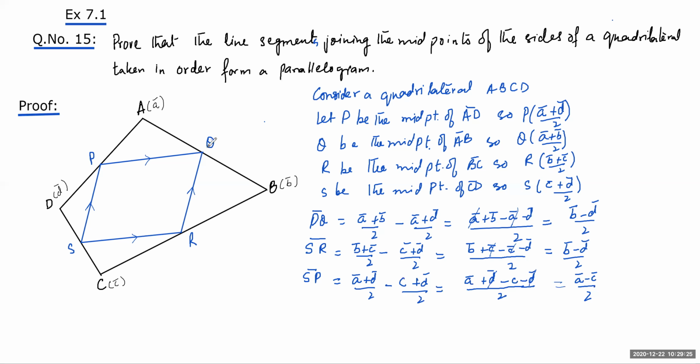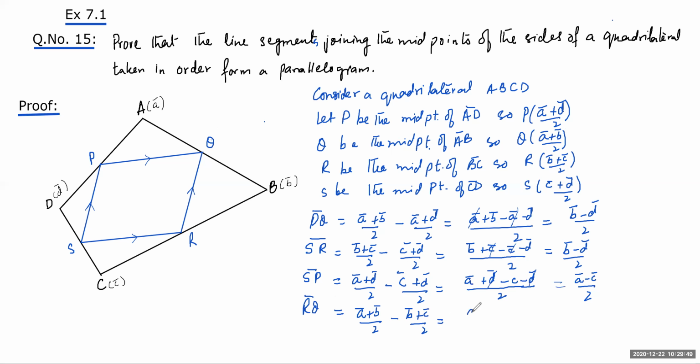Let's evaluate the vector RQ. RQ is equal to position vector of Q minus position vector of R. Position vector of Q, a plus b by 2. Position vector of R, b plus c by 2.